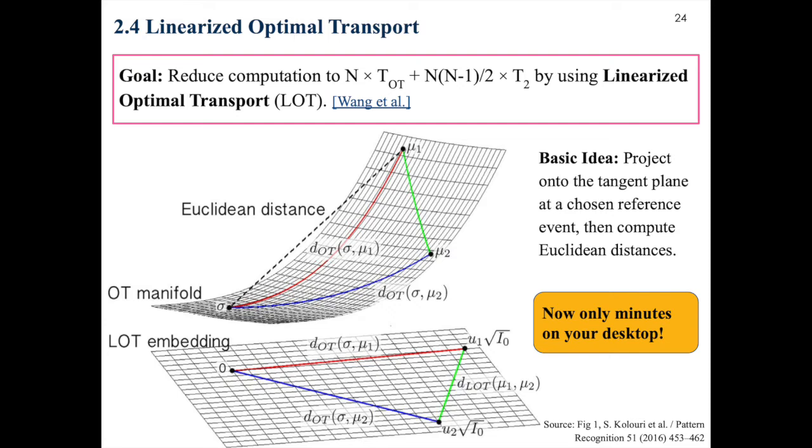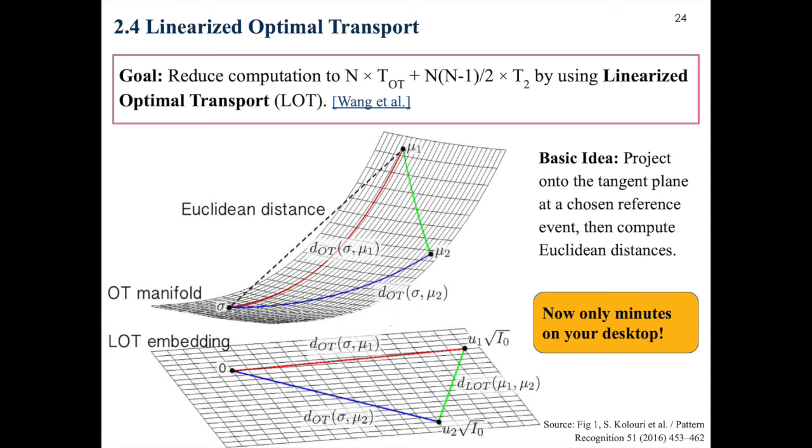Euclidean distance instead. So the essential idea of linearized OT is to project everything onto the tangent plane at a particular chosen reference. And then we can do all the calculations on this tangent plane, which nicely turns the OT computation into the Euclidean distance.